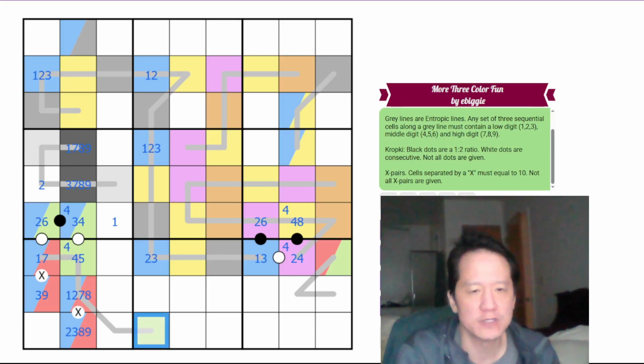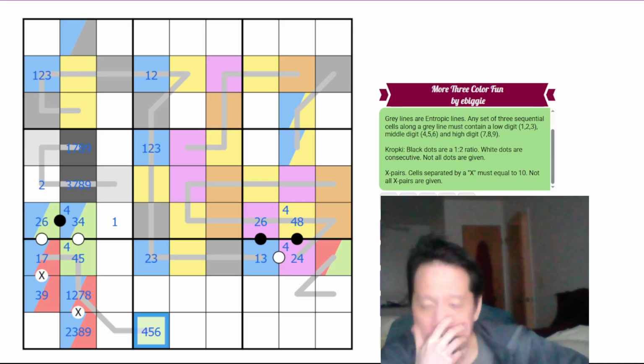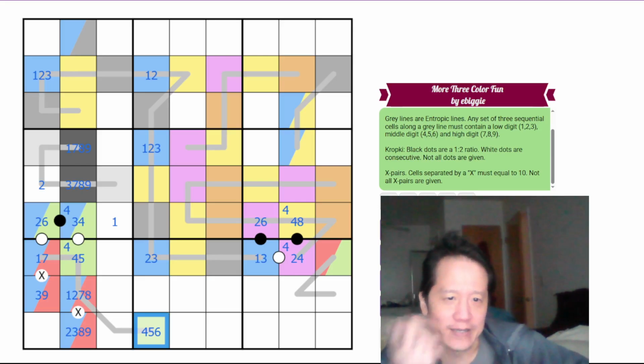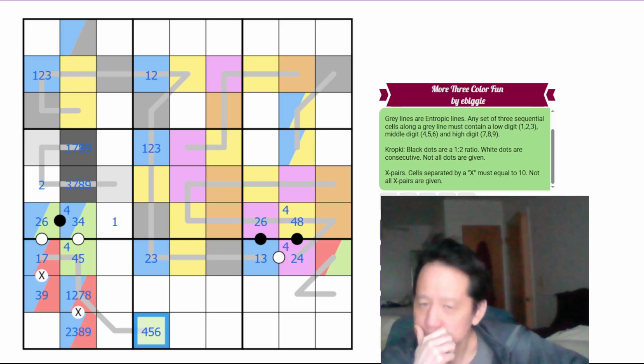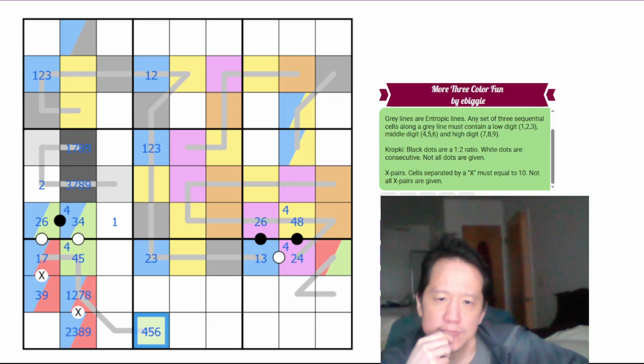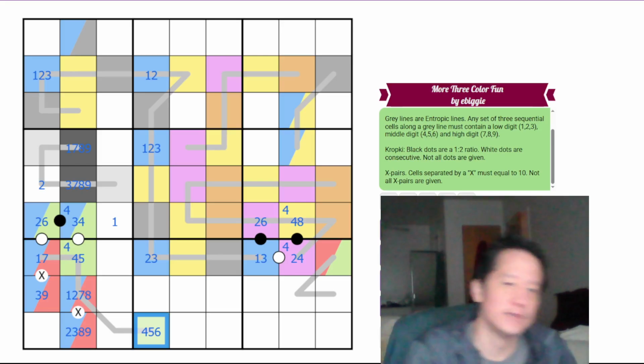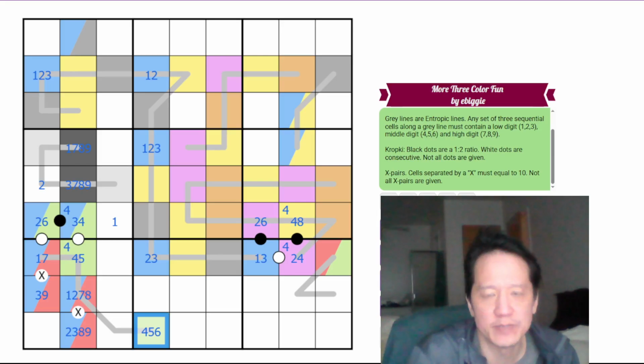But that doesn't really tell us much either. That's a sad thing. It's just like, okay, yeah, that still doesn't tell us very much. What am I missing here? Yeah, I don't know what I'm missing. I'm obviously missing something, but what, I'm not sure.